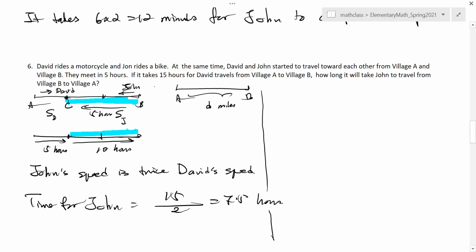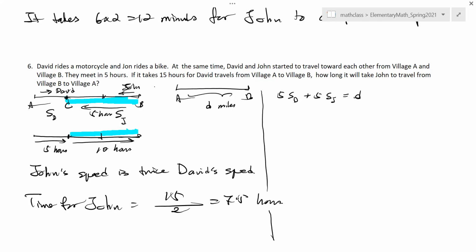But this will be canceled out. So 5 hours: 5 times David's speed plus 5 times John's speed. The total travel is going to be D, right?